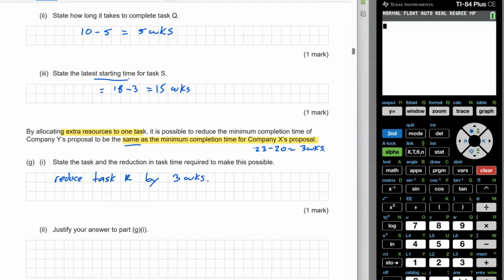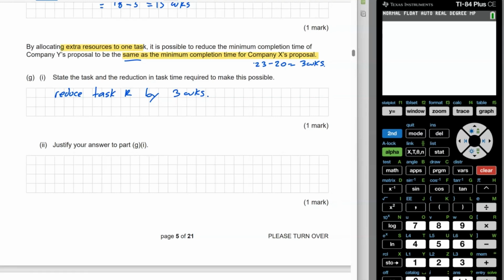And then it says justify your answer. Well, it's going to be because it is on the critical path, and it's always going to be on the critical path. So I'm just going to say that task R will always be on the critical path.